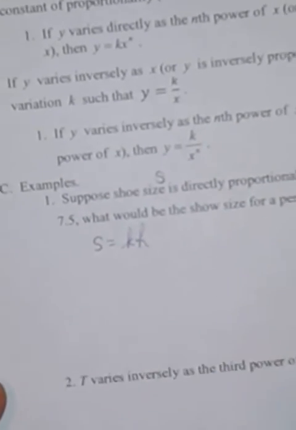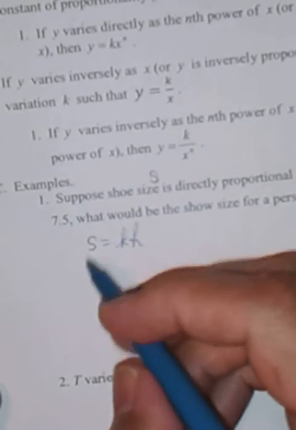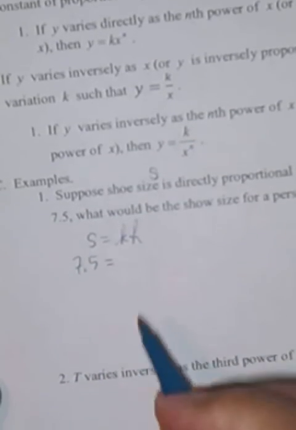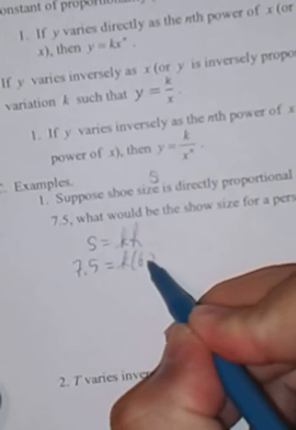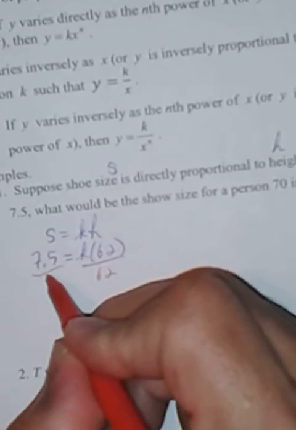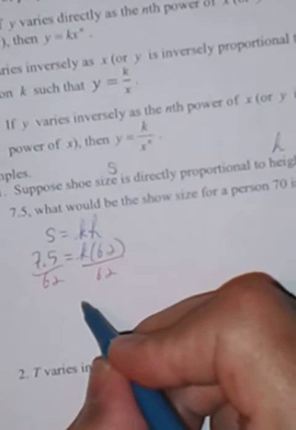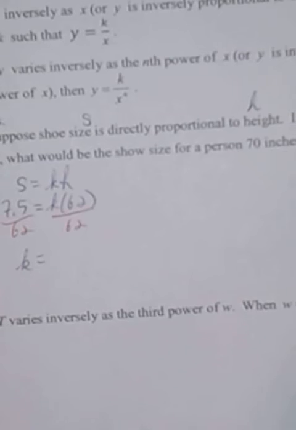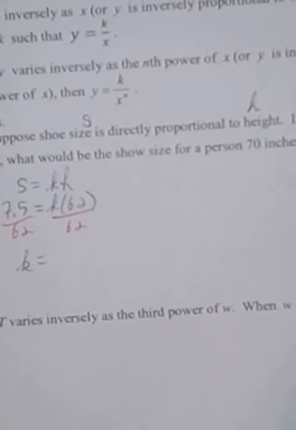Okay, so I'm going to first plug in those two numbers in here. So the size is 7.5, be very careful, equals K times 62. Okay, and then we're going to divide by 62, and we get k equals, whatever we get for 7.5 over 62, let's work that on a calculator.